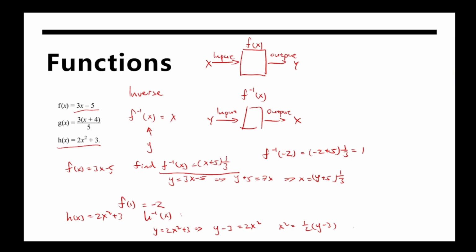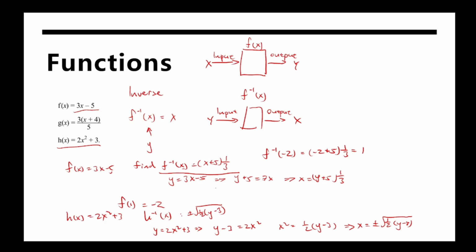Now, when we square root them, we need to notice that 2x squared plus 3 is a 2 to 1 function. So you can get the same y value for 2 different x. So here, you need to keep the plus minus sign. So h inverse(x) is plus minus the square root of half of (y minus 3).